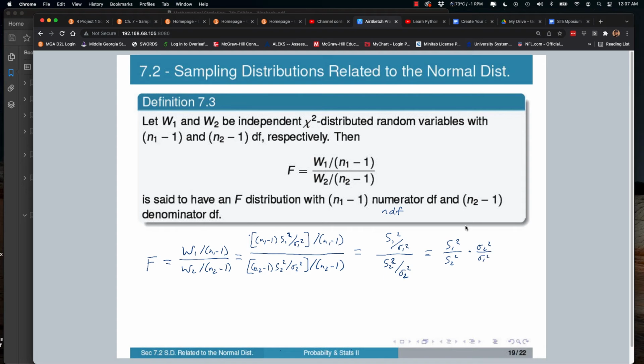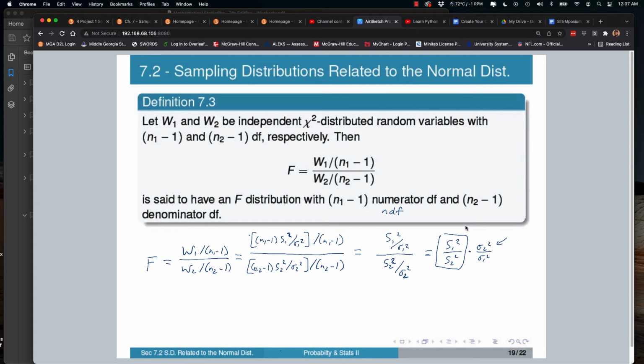Yeah, flip. Sigma 2 goes on top, sigma 1 goes on the bottom. So sometimes you'll see it written like that too. But usually you see this written by itself. And then this here is the ratio of the population variances if you know them. Oftentimes we assume those are equivalent to each other and just use the sample variances in place of the sigmas.